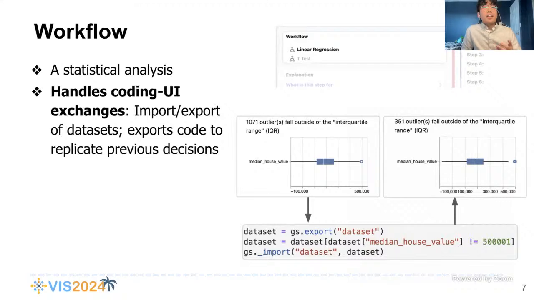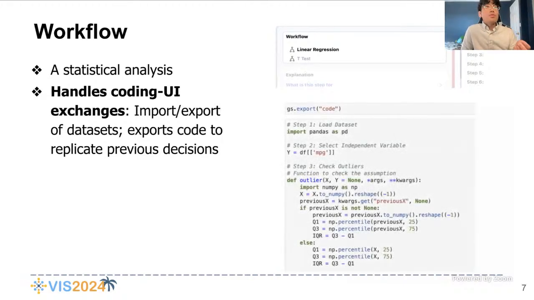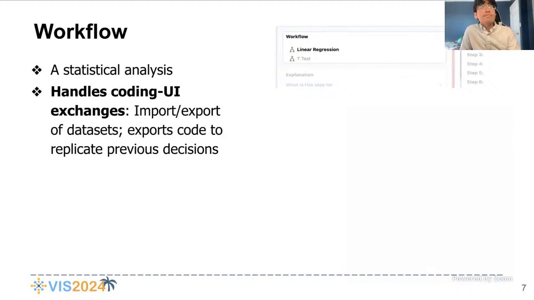And Guided Stats workflows can do that. And we also support actual code to replicate previous decisions made entirely in the UI. So users can just use this code to replicate what they have done in our Guided Stats.